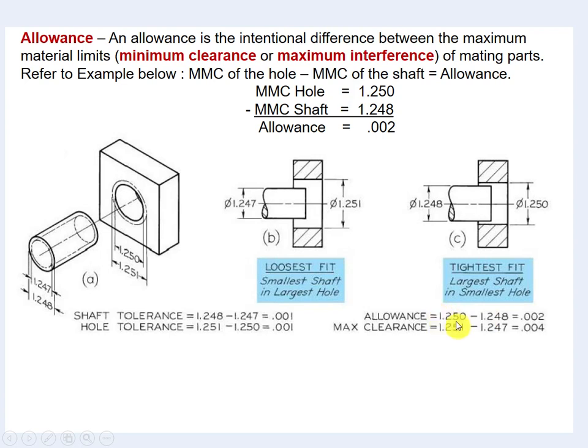The maximum material condition for the hole, guys, is the smallest hole, 1.25. The maximum material condition for the shaft is the largest shaft. So the smallest hole minus the largest shaft is positive. What does that mean?